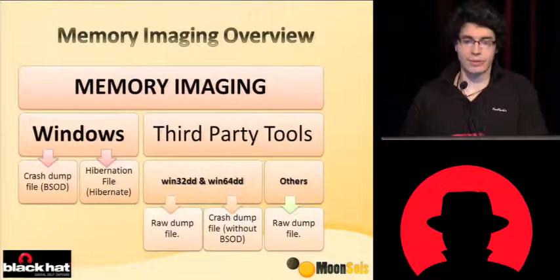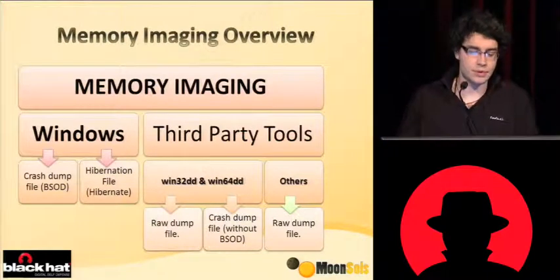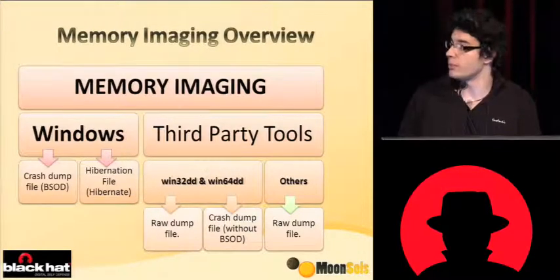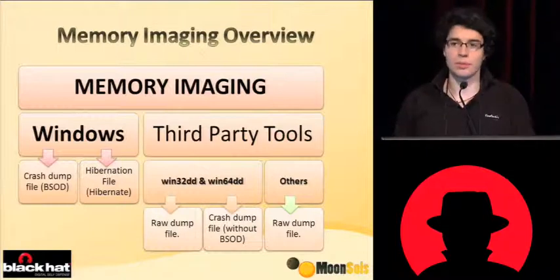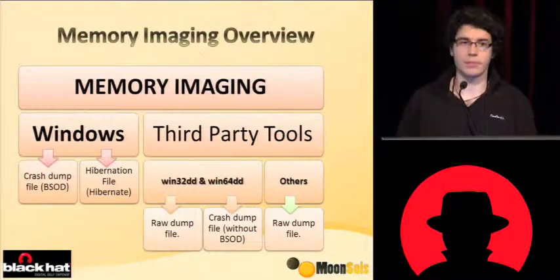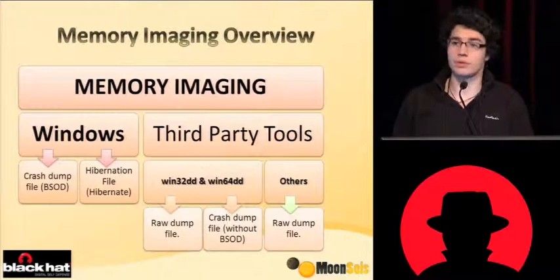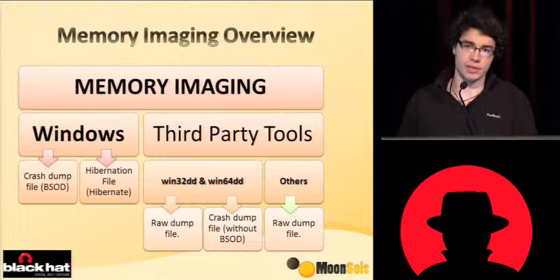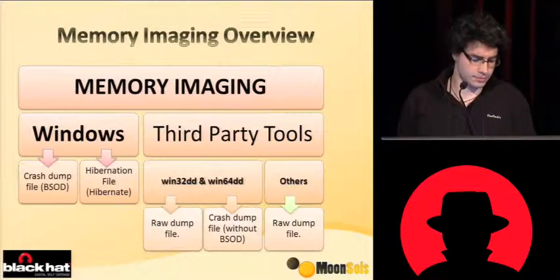So here is the flowchart of the software memory acquisition on Windows. By using Windows, you have two ways to generate a memory dump. But as we have seen, it has some limitations, especially if we are using the Bluescreen of Death to generate a Microsoft Crash Dump, because if you have more than 2 gigabytes of memory, you won't be able to have a full memory snapshot, which is the most interesting snapshot.